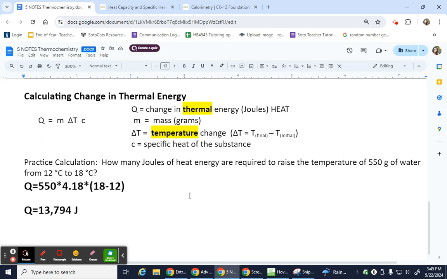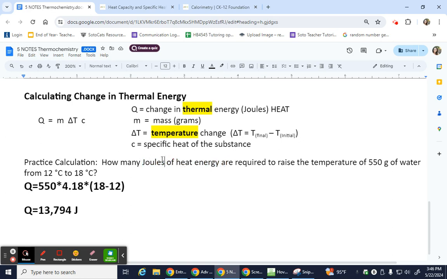So the calculation example that you have, it's also number 1 on the right-hand side of this page. Okay, so if you want to copy down the work over there, you can. So just walking you through it, it says how many joules of heat energy are required to raise the temperature of 550 grams of water from 12 degrees Celsius to 18 degrees Celsius. Okay, so matching this up, Q equals mCΔT, right? We're solving for Q, right?